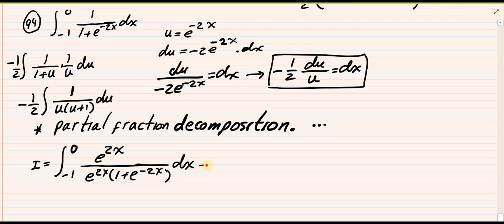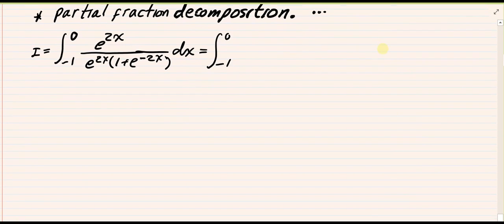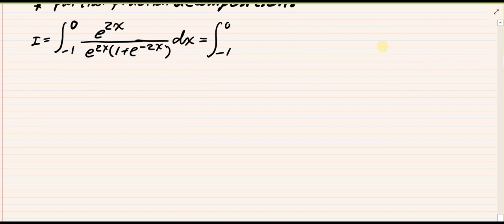If I simplify this now, the numerator, of course, is e to 2x dx. The denominator, when you distribute, becomes e to 2x plus 1, because e to 2x times e to negative 2x becomes e to 0, and that is 1.